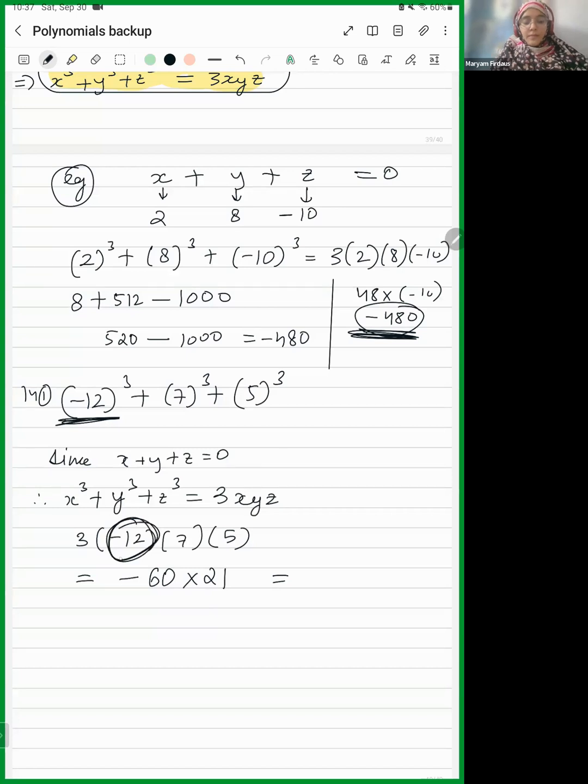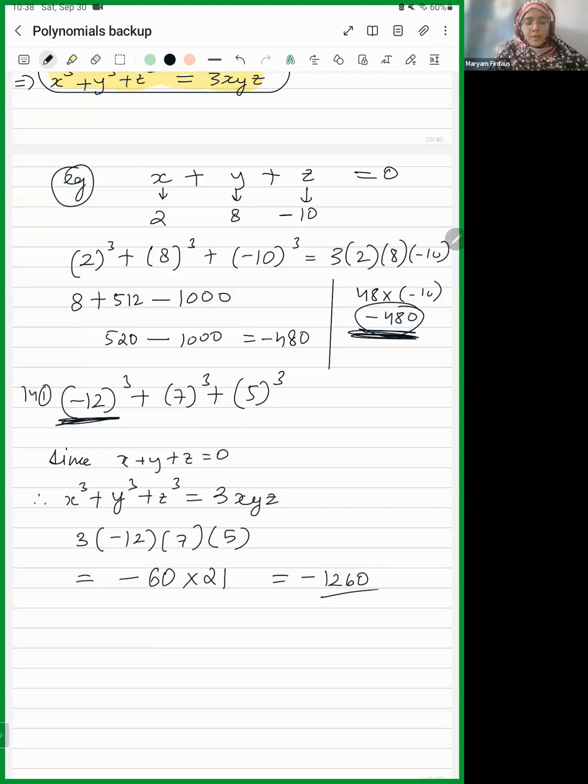The answer is 1260, very good. Negative 1260. This is going to be the answer.